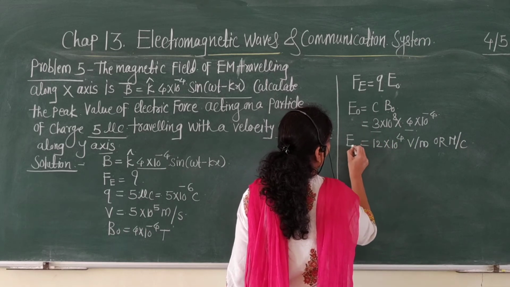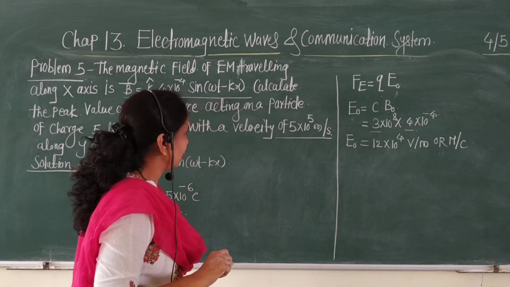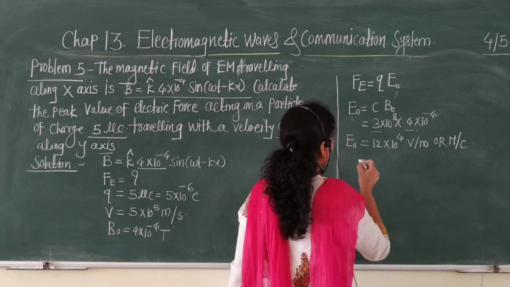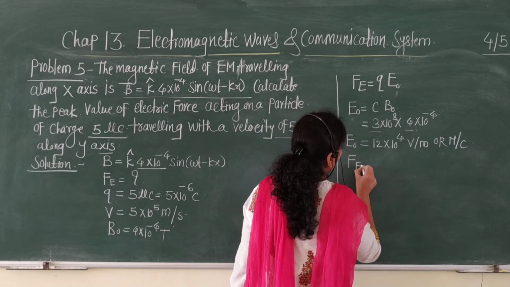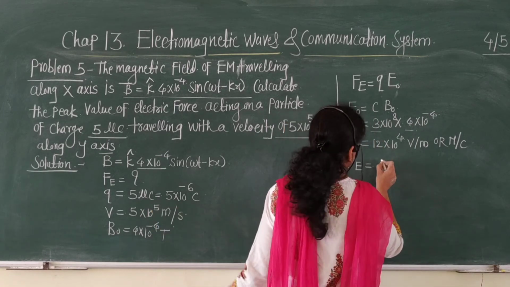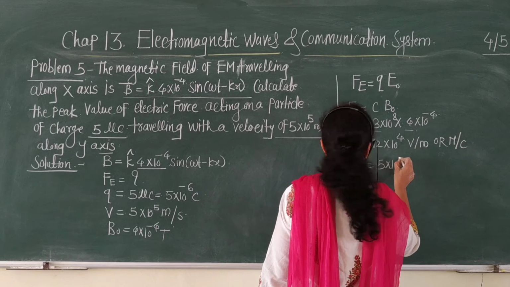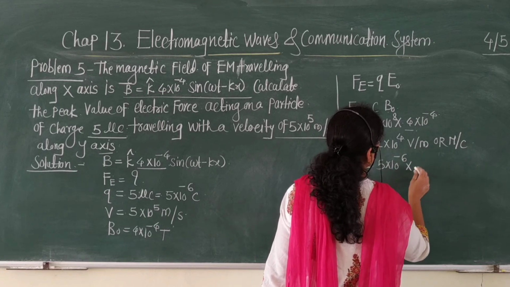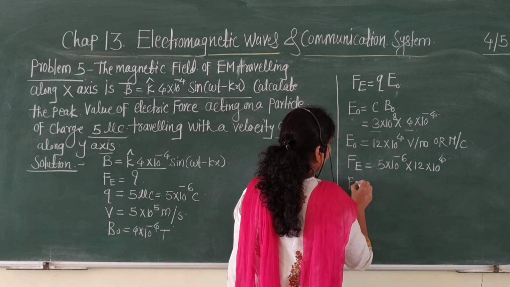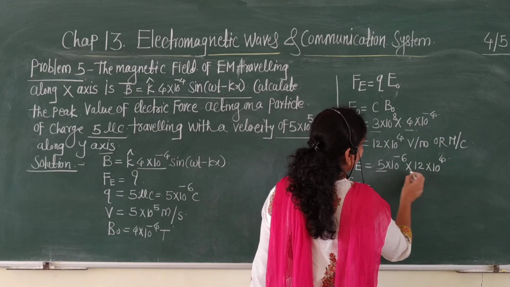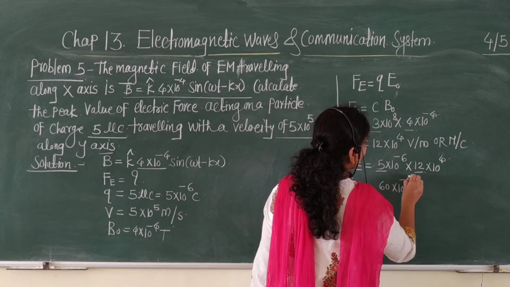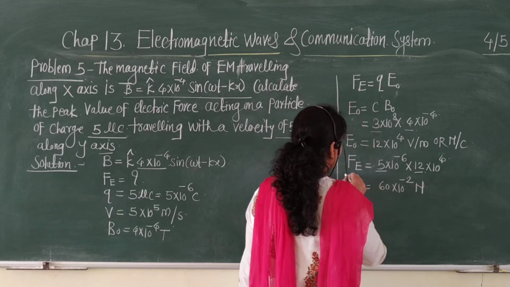This is the value of E naught. Now put this E naught here and calculate Fe. Fe is equal to Q, which is 5 into 10 raised to minus 6, into 12 into 10 raised to 4. Therefore, Fe is equal to 5 into 12 is 60 into 10 raised to minus 2 Newton.